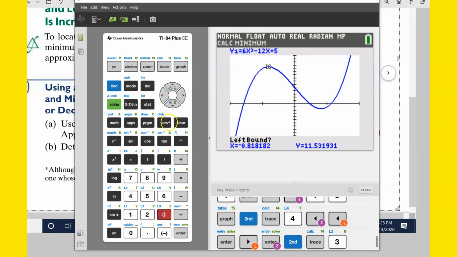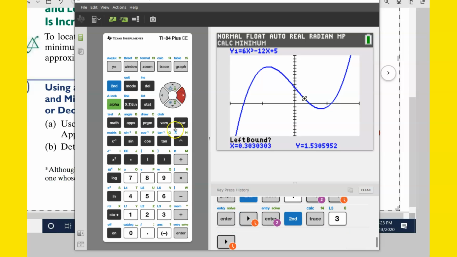Now, let's find the local min, second calc. Minimum. All right, the left bound just needs to be anywhere to the left of it. That should do fine right there. The right bound needs to be anywhere to the right of it, so that should be fine right there. Hit enter again. Now hit enter for the guess. The minimum is 0.82, -1.5.